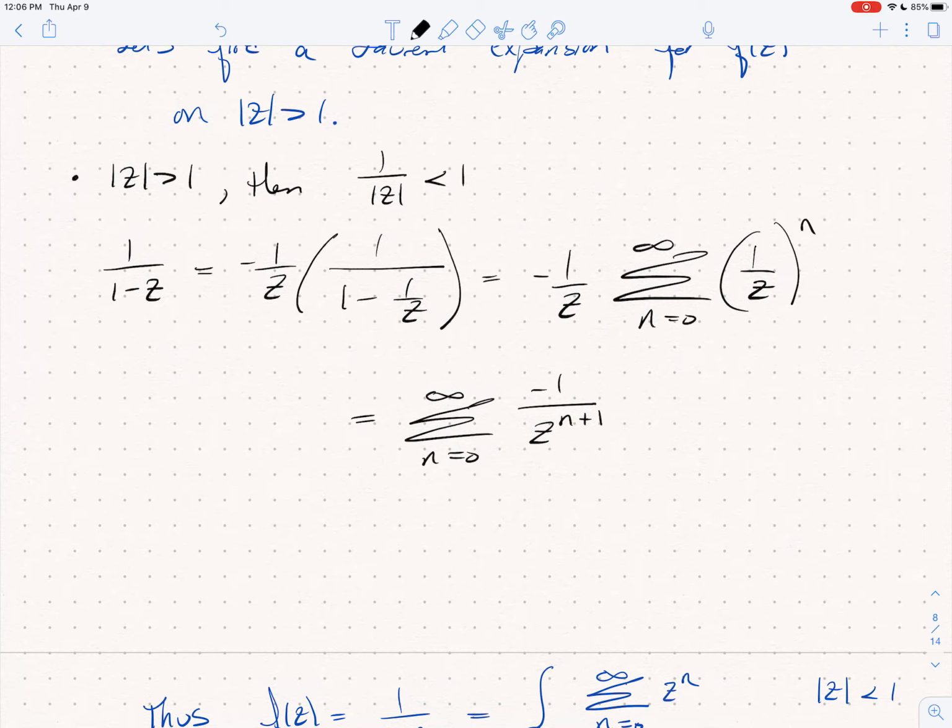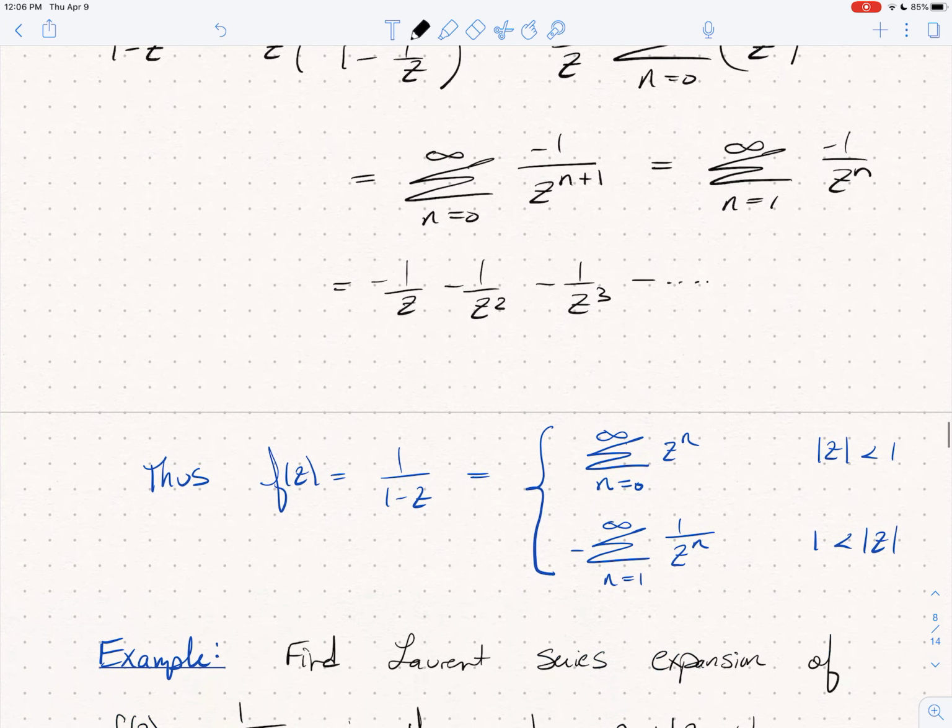And depending on what you're up to, I'll just show you, if you wanted, you could start this series at 1. It doesn't matter. You just want to make sure we're all comfortable switching our starting index. We can write out some of the terms if we want to: negative 1 over z minus 1 over z squared minus 1 over z cubed minus so on and so forth.